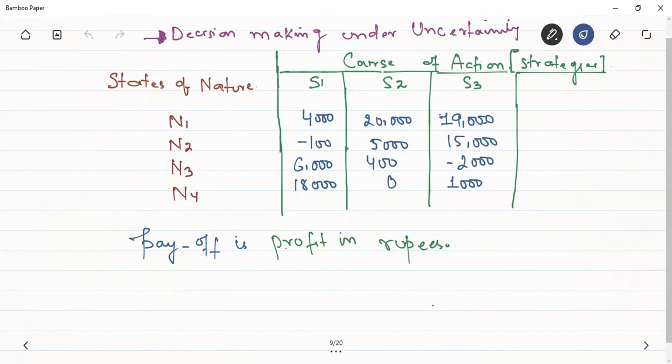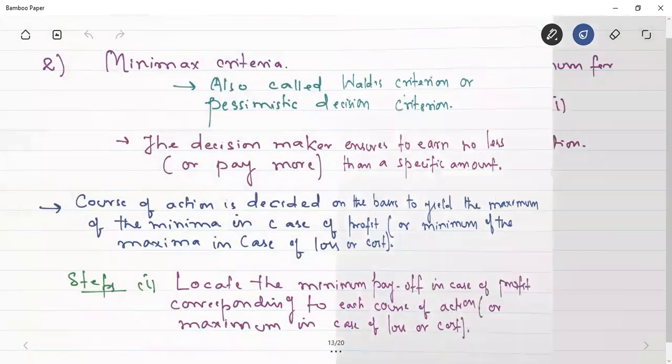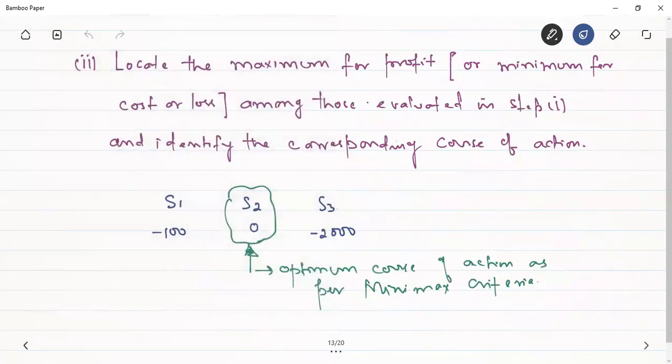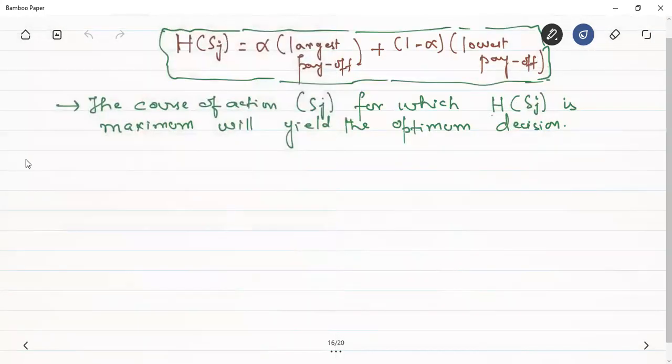I can write them here again. For strategy 1, the maximum value was 18,000 and the minimum value was minus 100.